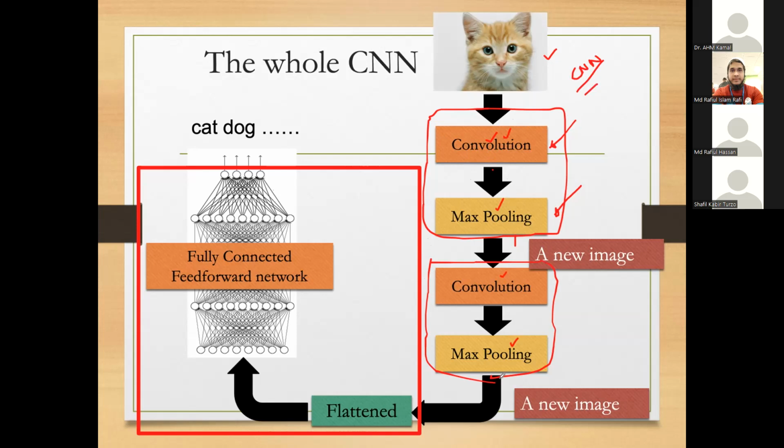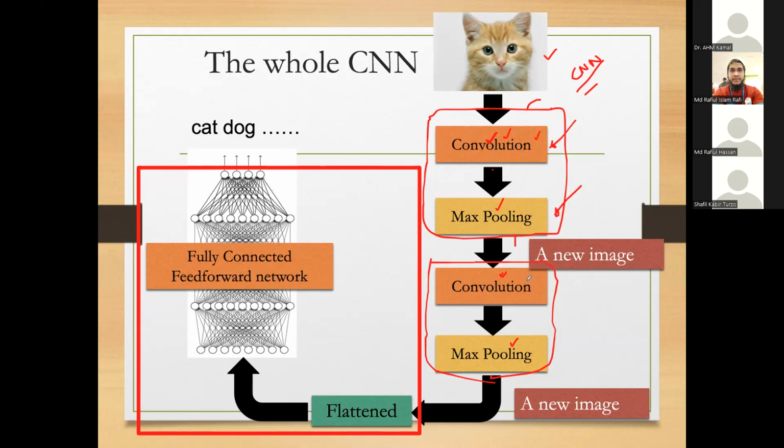Now, what is the important thing with this convolutional network? The important thing is that for this convolution, we don't know what the matrix values will be. That is why in this network we need to adjust, to change the values of the convolution.